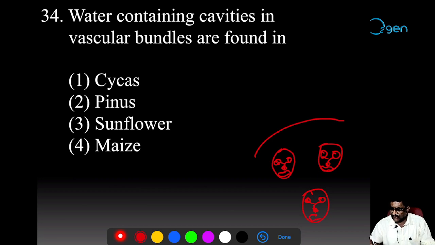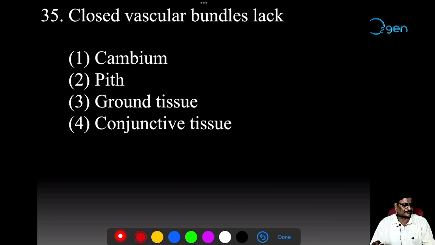So these are found in the monocot stem only. Here the options given are Cycas, a gymnosperm, and Pinus, also a gymnosperm, so these two do not show any water containing cavity. Sunflower is a dicotyledon, there also the water containing cavity is absent. Maize is a monocot, hence option 4 is correct.